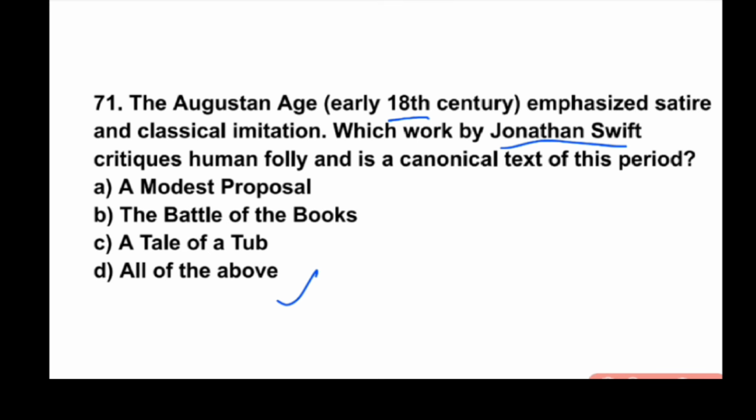Option D is the correct answer. Swift: A Modest Proposal, 1729, The Battle of the Books, 1704, and A Tale of a Tub also. Used sharp satire embodying Augustan ideals, frequently tested.